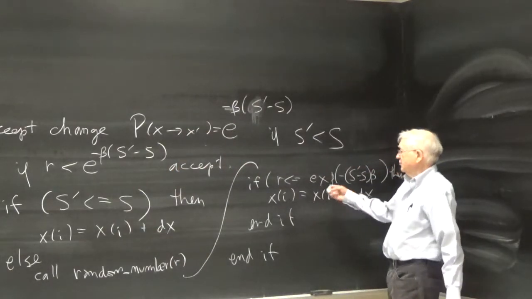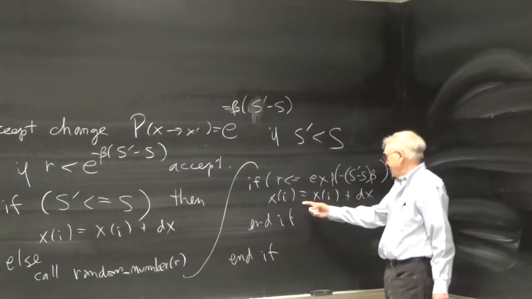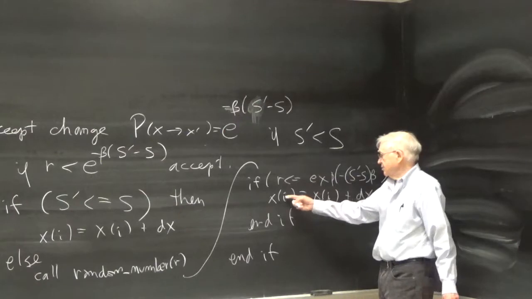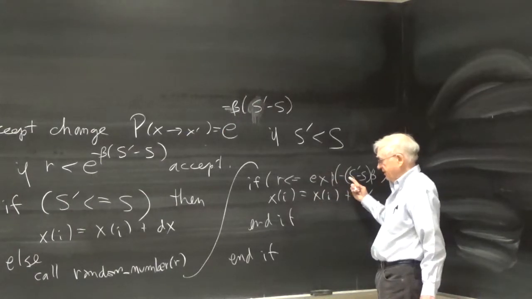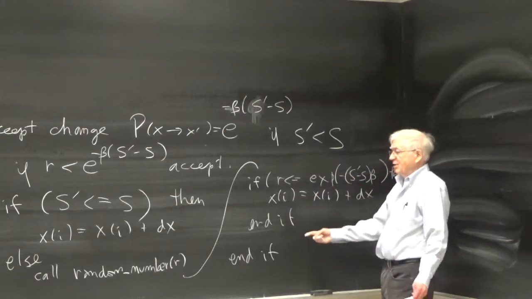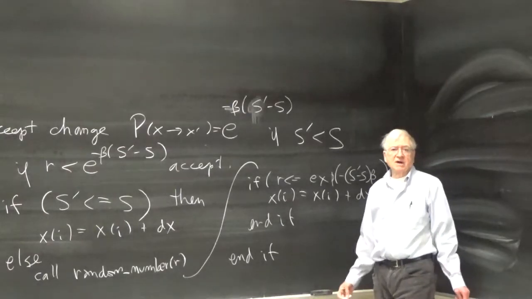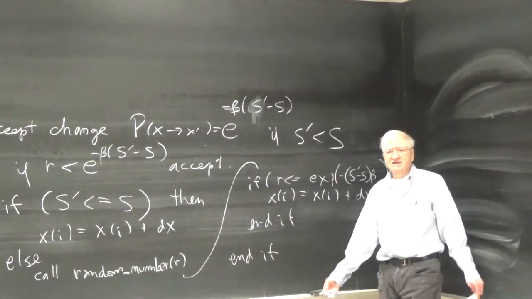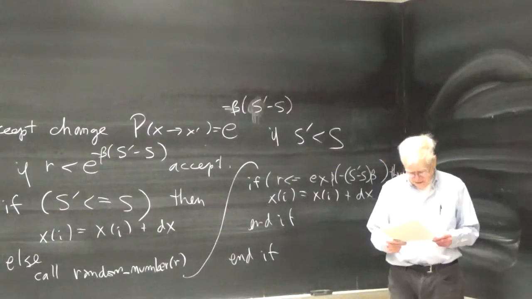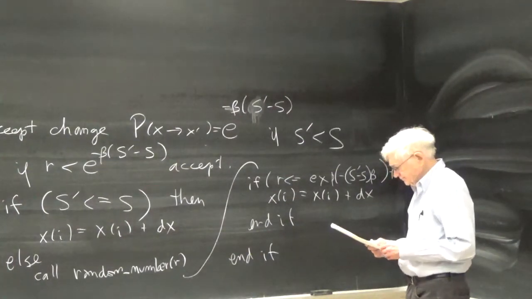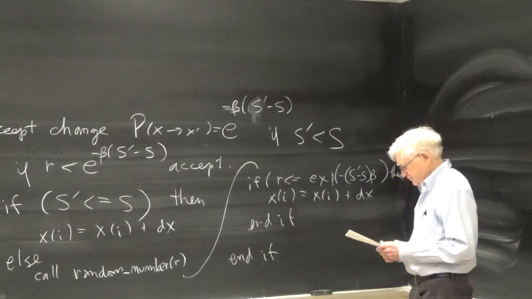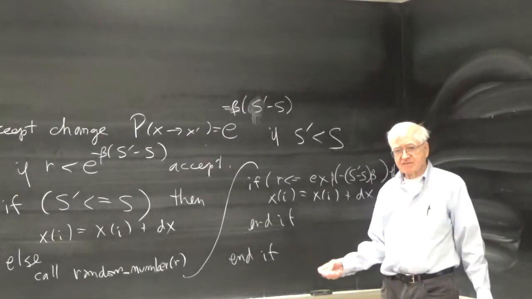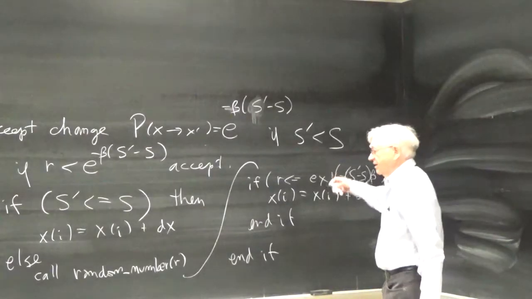Otherwise, you throw another random number and you accept with this conditional probability, but if both of those if statements are not satisfied, then nothing happens to x because you haven't done anything. Okay. You just go to the next point in the lattice and do the same thing. And you go on and on and on.